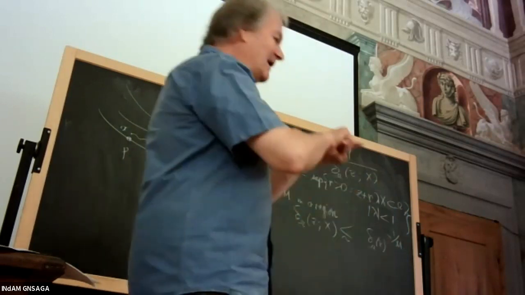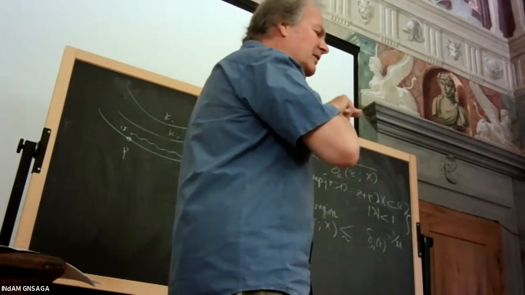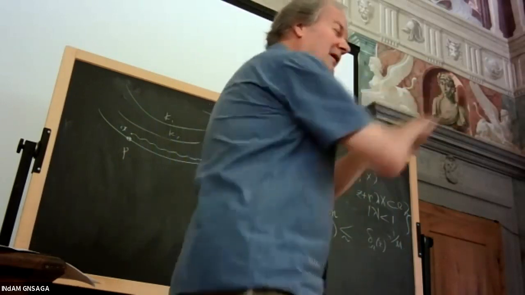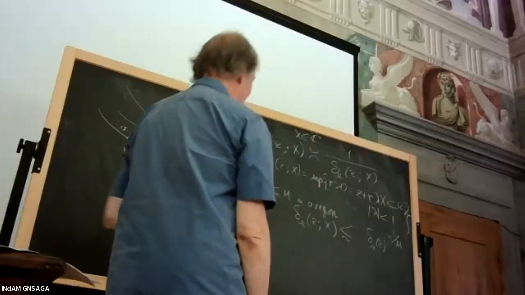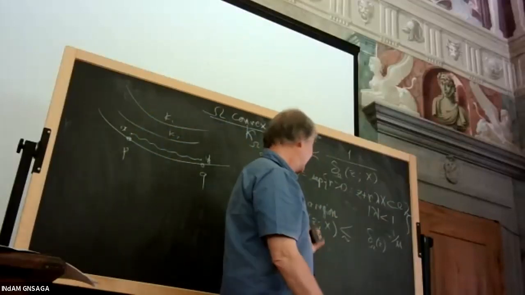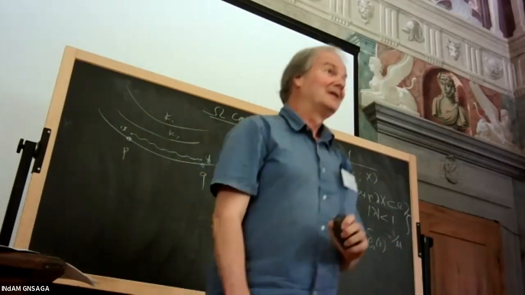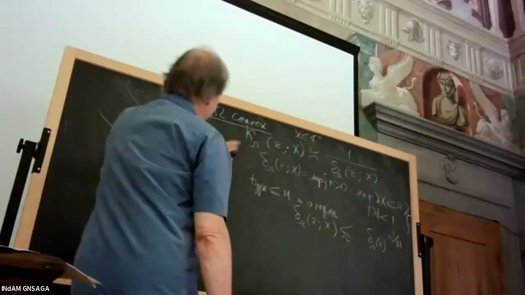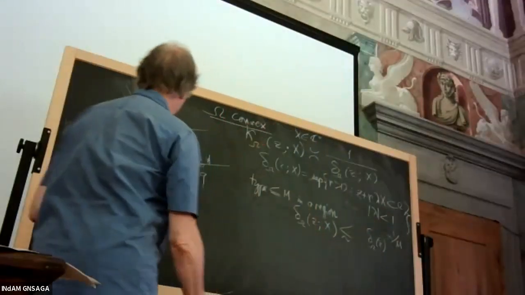Because you see, in the extreme case where you had a convex disk in the boundary, this directional distance could stay like a constant, no matter how close to the boundary you are. But that's not the case, so kappa omega is forced to be big.